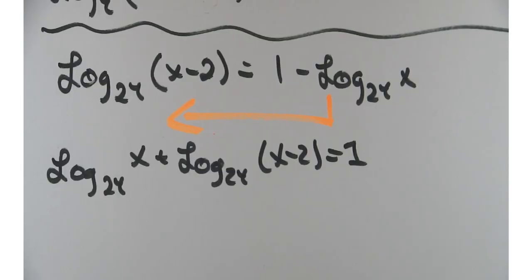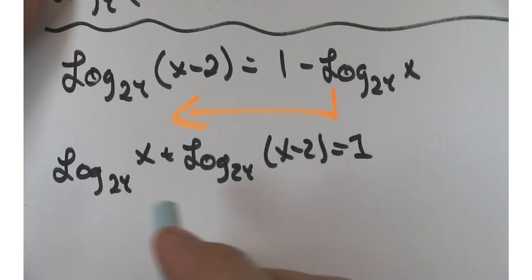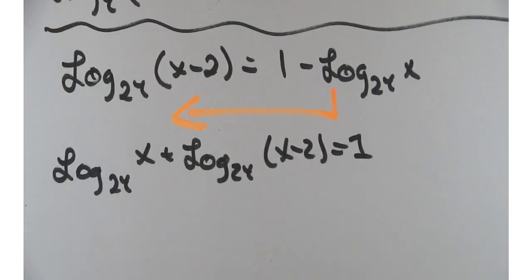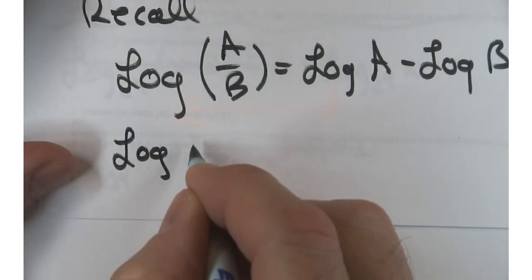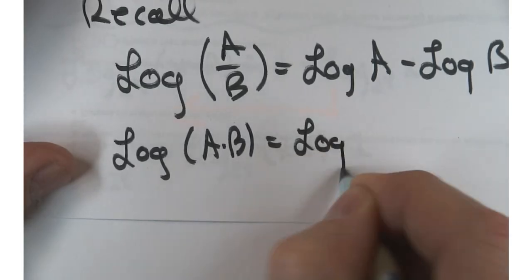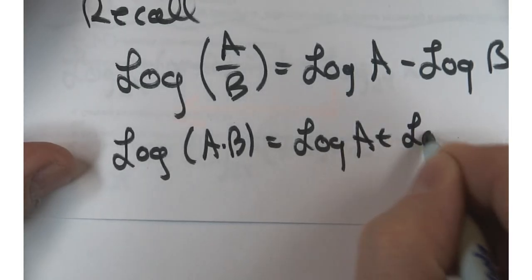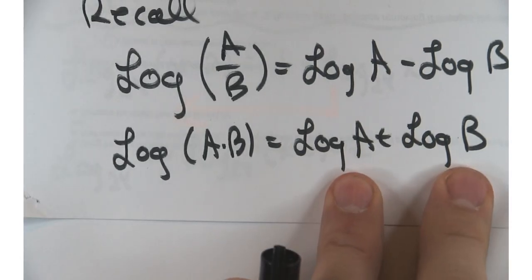And it's a little closer to what I need, but I still need to write this with one term. Suggestions. How could I write this with one term? Yes. This is your product rule. So going back to Kez, your question just a minute ago, let me add this as well. Log of A times B is the log of A plus the log of B. So we're going to use this in the opposite direction.